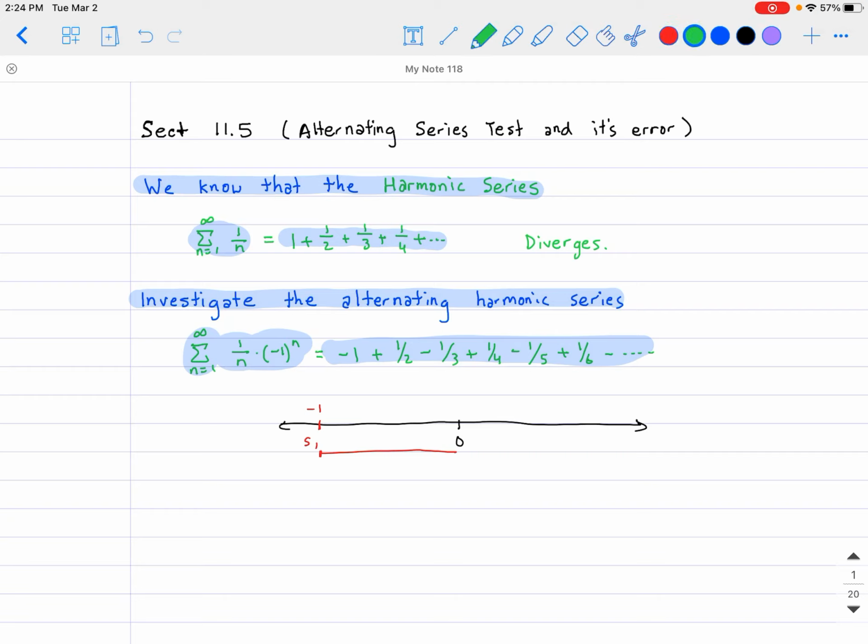Now if I add on the second term, which is 1/2, I go back in the positive direction. This point is s of 2. Then if I add the third term, going backward to the negative, that's s of 3. And if I do it one more time and go forward and add on the 1/4, that's s of 4.